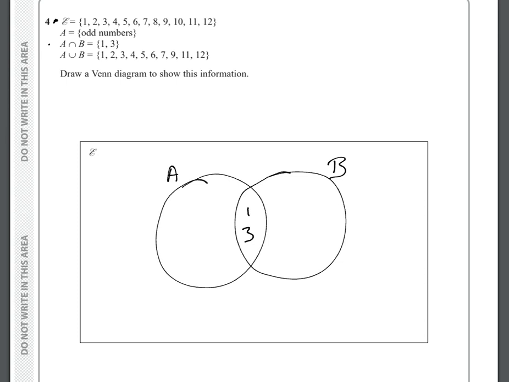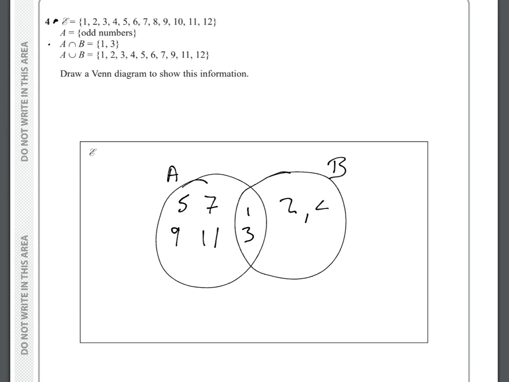Then it says A is all the odd numbers. So we've got all the odd numbers, but not 1 and 3 because they're already there. So 1, 3, 5, 7, 9, 11, and it stops at 12. It's fine. So B is 1 and 3. There's also 2 in there.